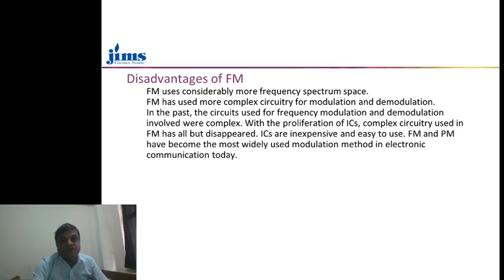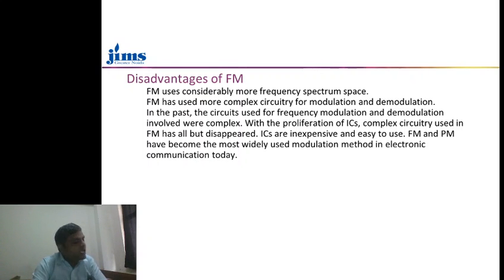With the proliferation of ICs, the complex circuitry used in FM has all but disappeared. ICs are inexpensive, so we are able to use them, and nowadays this is not a disadvantage. So these disadvantages are removed.